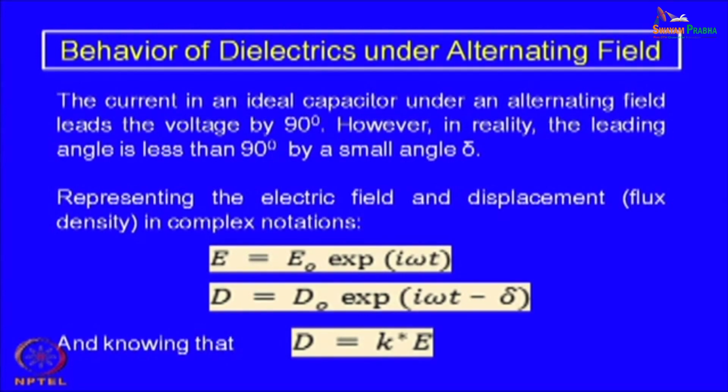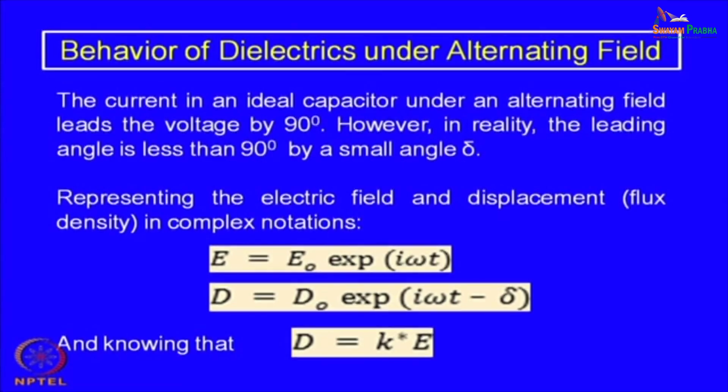So, current normally leads the voltage by 90 degrees. That is the ideal situation when there is no loss, there is no leakage current, the insulation is almost perfect, or the resistance of the insulating material is infinity. So, if that happens, the current leads the voltage, particularly in case of an alternating sinusoidal voltage, by 90 degrees.